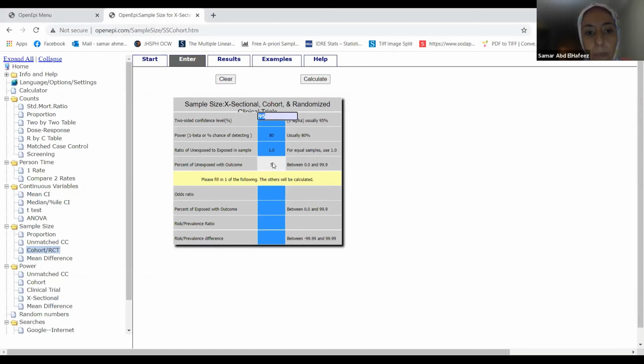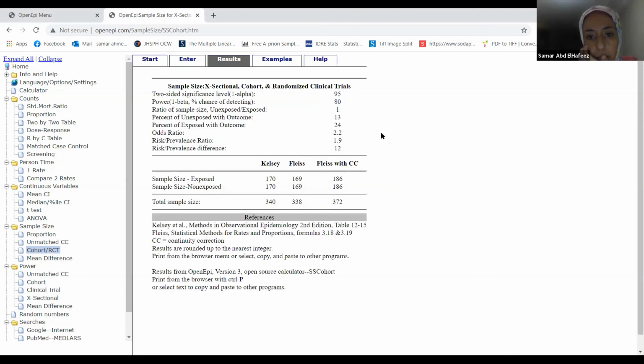The percentage of the unexposed among the outcome here is 12.6. And the risk ratio in my scenario here is 1.94. Then I will calculate the sample size.